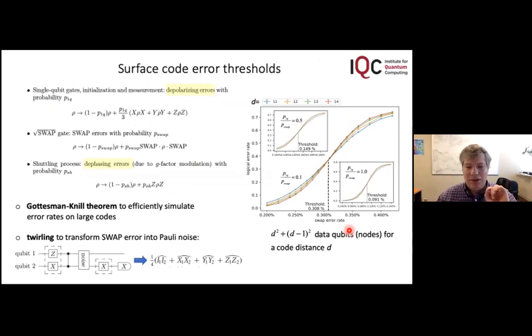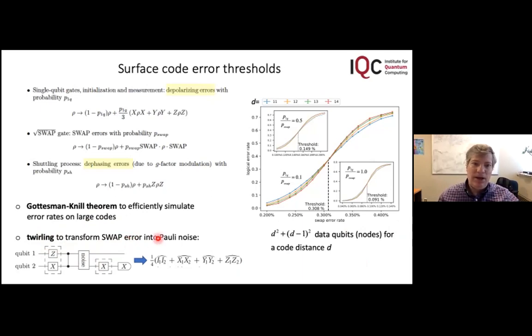The problem with quantum dot processors is that you have exchange gates, which we also refer to as swap or square root of swap gates, and those cannot be written as generalized Pauli operators. So we had to use a trick called twirling, so that on average we could represent the swap error by Pauli operators.